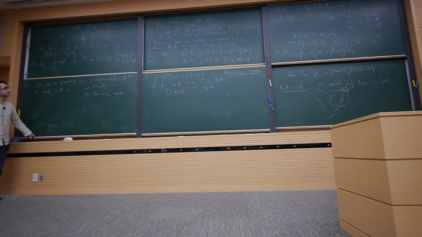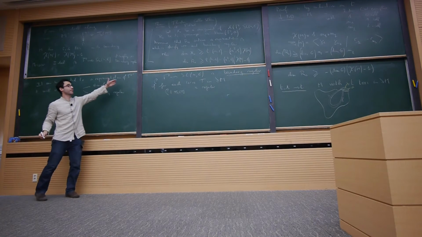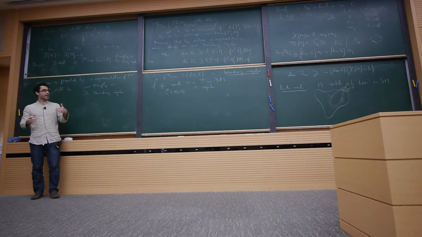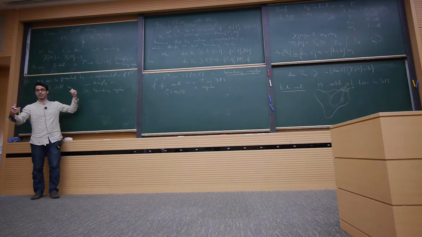Why is that? It's because in order for a representation of gamma prime to be boundary regular, I have to look at each torus in the boundary of M prime and check whether the representation restricted to this torus is regular or not. Okay, but now the tori in the boundary of M prime are in the boundary of M. I just destroyed a torus, but the other ones are the same.